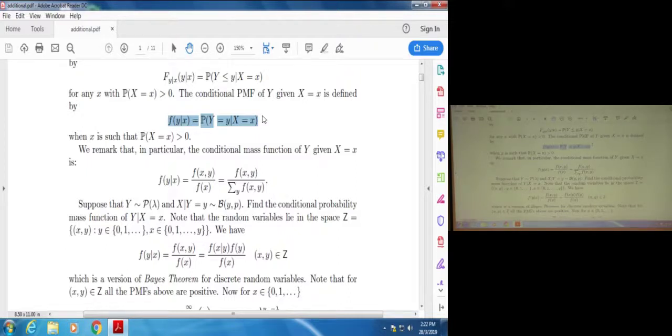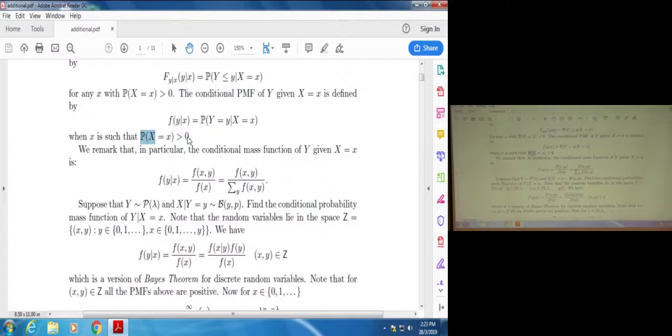Going back all the way to when we studied probabilities of events, the probability of A given B is the probability of A and B over the probability of B, provided the probability of B is positive. Similarly here, the probability that X is equal to x is positive.